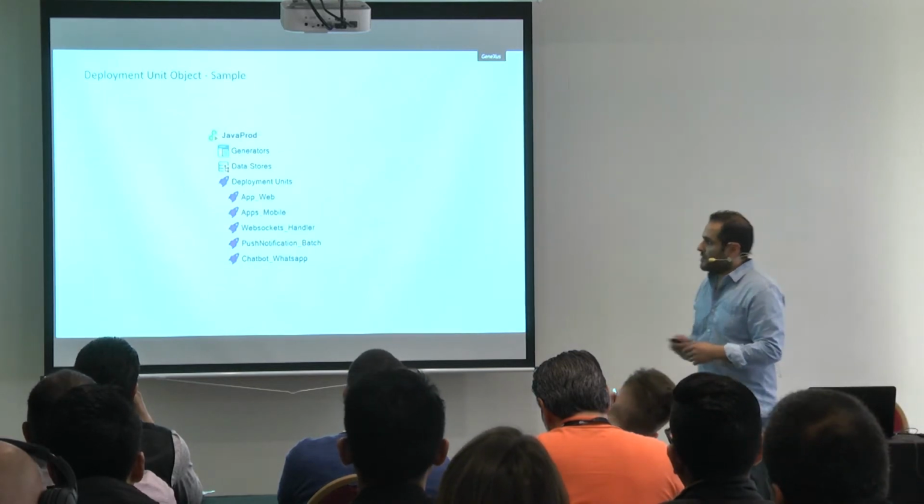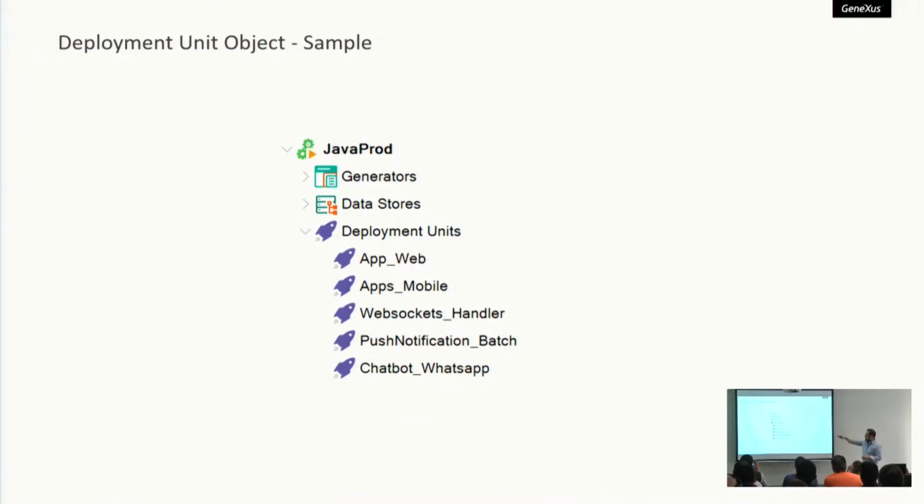Now, as I said, in our KB we're going to have all the deployment units. What you can see on the screen is an example. We use this entire Jenkins scheme for the applications for this event.